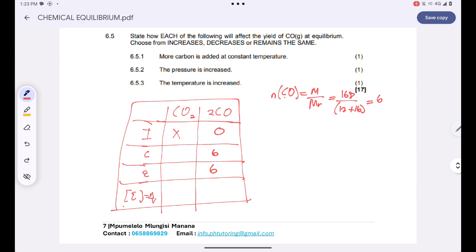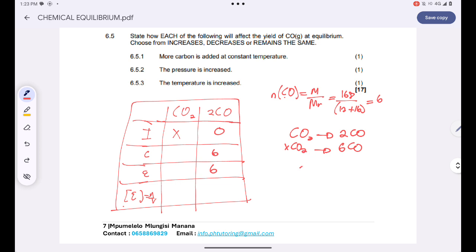Since I was able to produce 6 moles, I want to know how many moles of my carbon dioxide did I use. I know that I only need 1 mole of carbon dioxide to produce 2 moles of carbon monoxide. But now I did not produce 2 moles, I produced 6 moles of carbon monoxide. How many moles of carbon dioxide will I need?